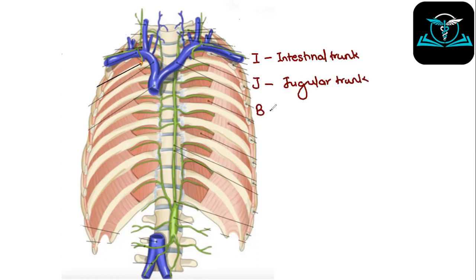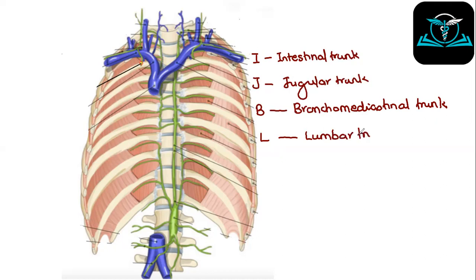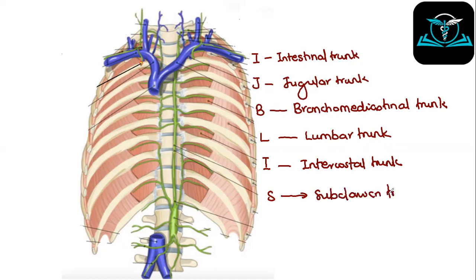Then bliss, B for bronchomediastinal trunk, L for lumbar trunk, I for intercostal trunk, and then S for subclavian trunk.